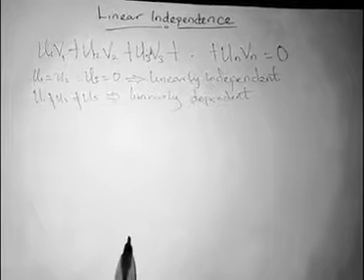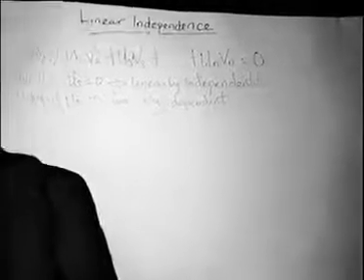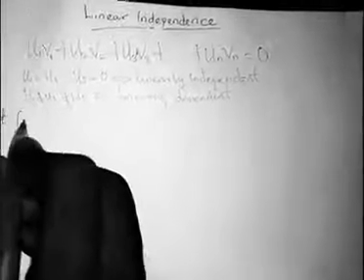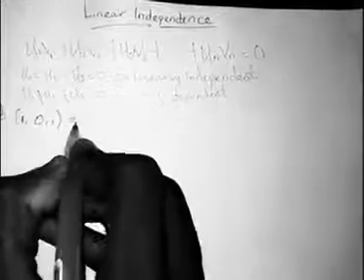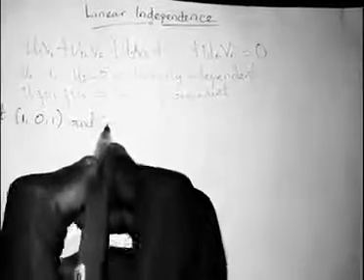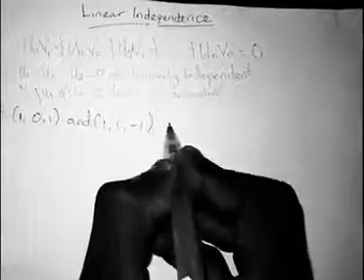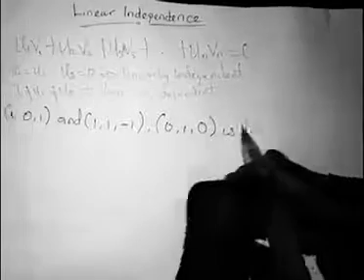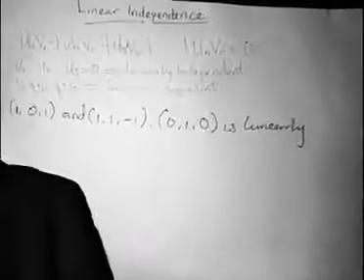So let's see an example. Show that the set (1, 0, 1), (1, 1, -1) and (0, 1, 0) is linearly independent.